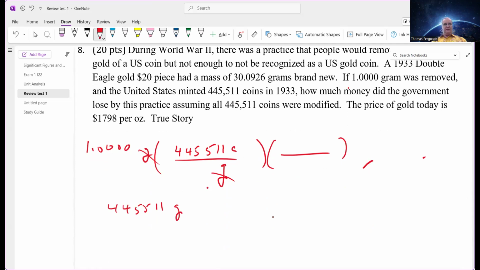So let's use that as a given, assuming we took 1 gram off of each coin. That's how many grams we'd end up with. Okay, now let's go pound to gram, and that's 453.9.